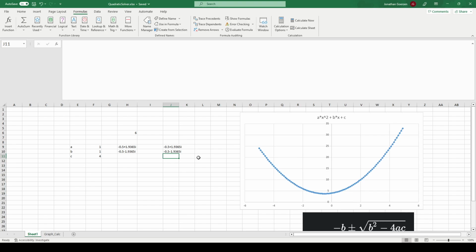This is how Lambda functions work. As long as I save this sheet, I never really have to think about that again. I just have a formula that solves the quadratic equation, which is super handy. Now, if I wanted to move this function to another spreadsheet, all that I would have to do is take this sheet and move or copy it to another spreadsheet.